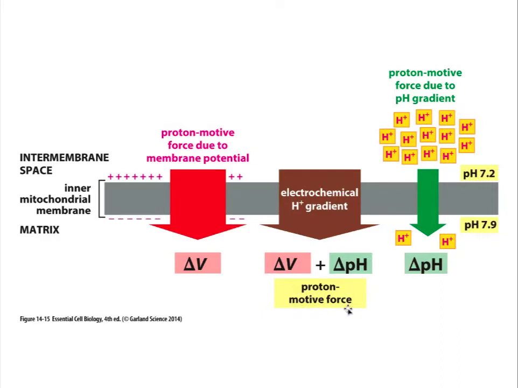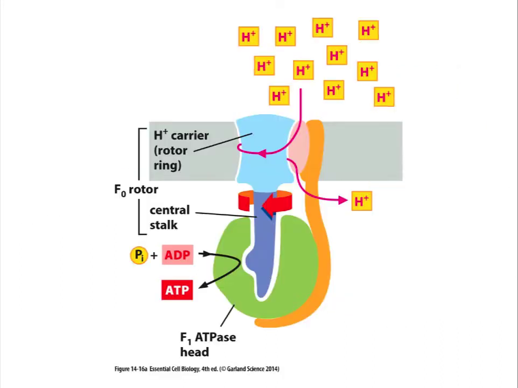One of the most important protein complexes embedded in the inner mitochondrial membrane is an enzyme complex called ATP synthase. Here's a depiction of what it looks like. It consists of a rotary arm that spins, as well as some stationary elements that are held in place in the membrane and prevented from rotating.